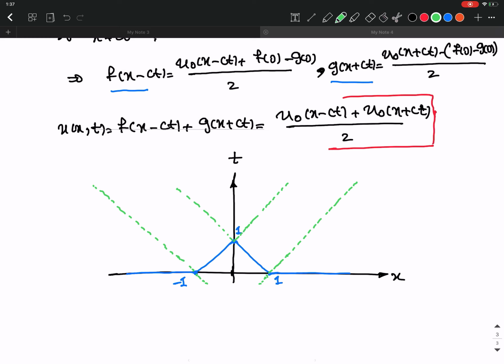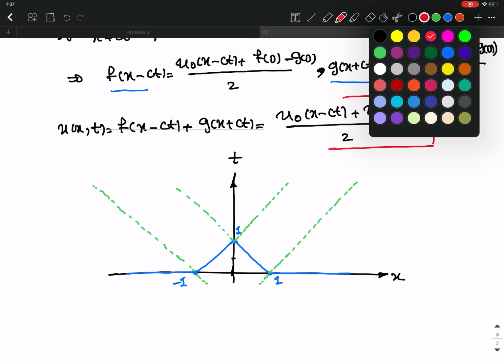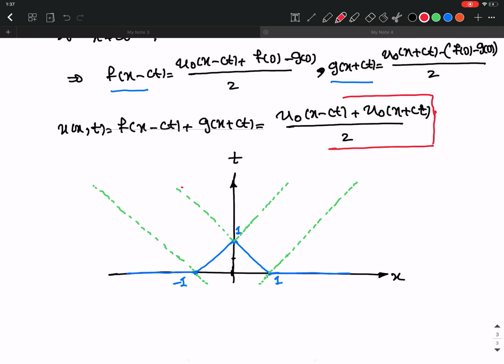Okay, so now I want to show what happens, say, at higher t's, okay, at higher time. So you see here from this equation that we have two solutions, right? So here, let's talk about somewhere very far from this location.